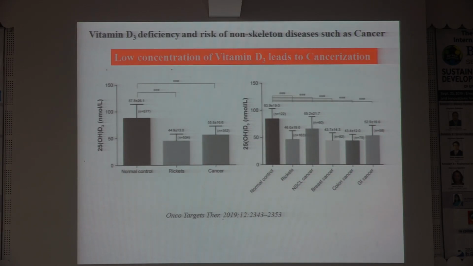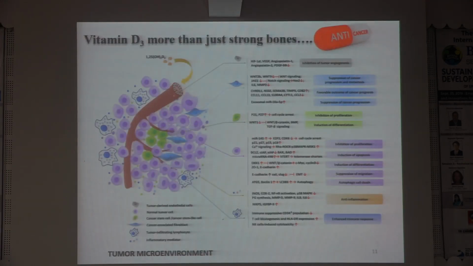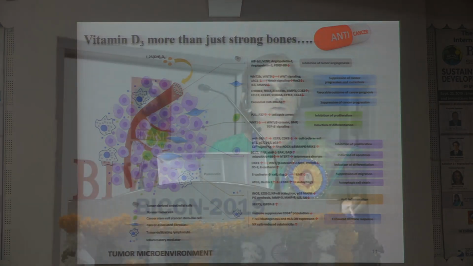Now recently, this paper reported that low vitamin D concentration can cause cancerization. Long epidemiological, preclinical and research studies reveal that vitamin D3 is not just for strong bones, it also has anti-cancer properties.